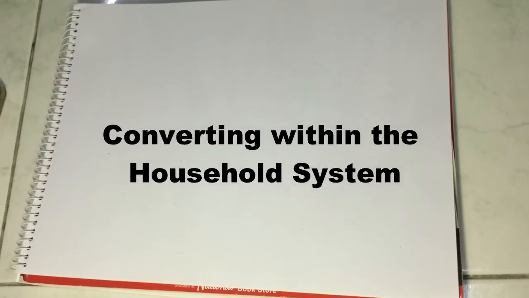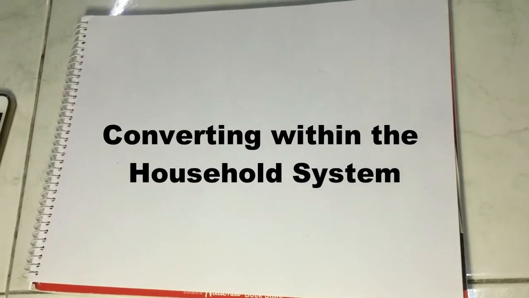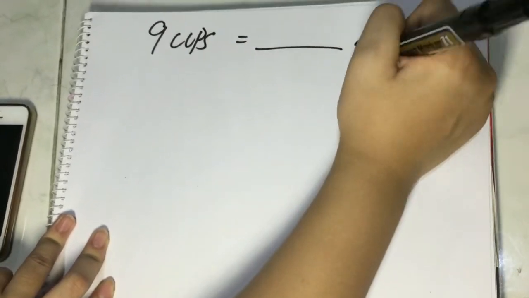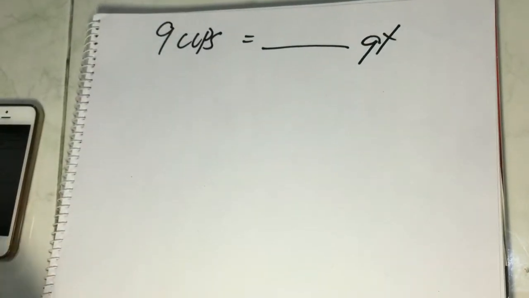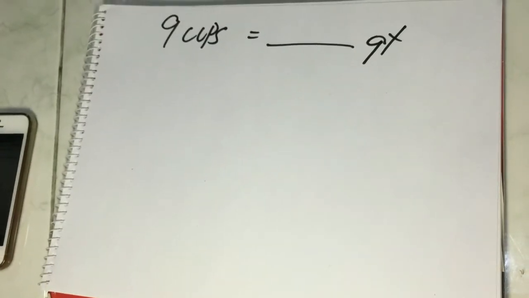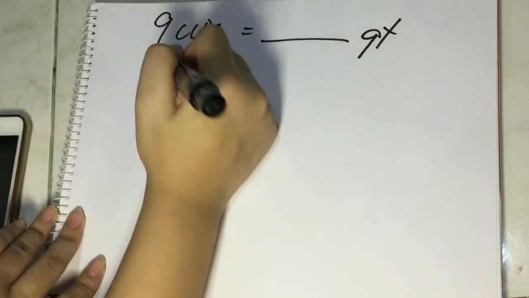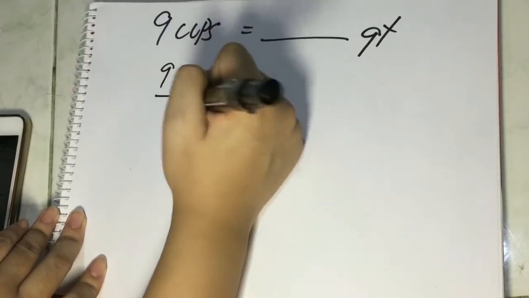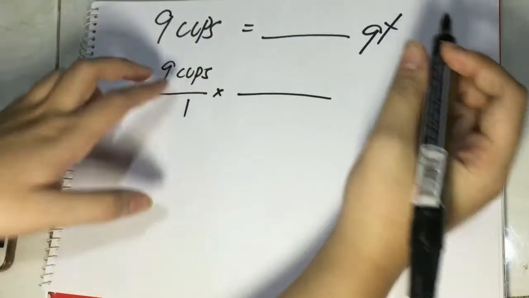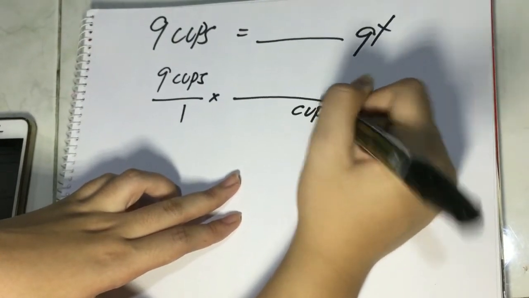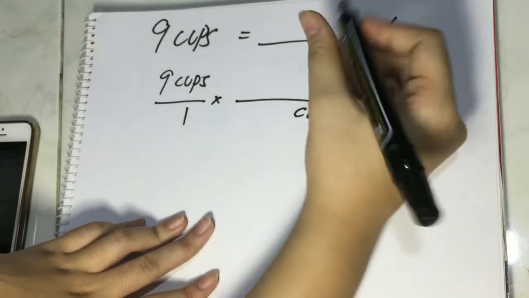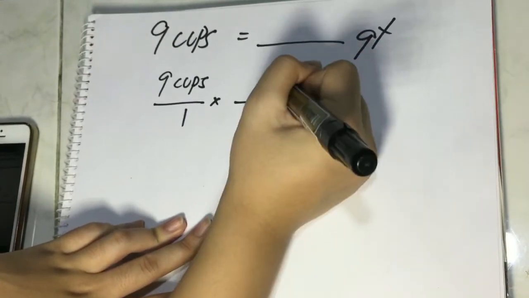Now, lastly is converting in the household system. Just like the other two systems of measurement, it also has the same procedure. First, we take the example: 9 cups is equal to how many quarts? Now, you could also use unit calculation. 9 cups over 1 times, of course, the same unit, cups, and then the desired unit at the top, which is quarts, 1.